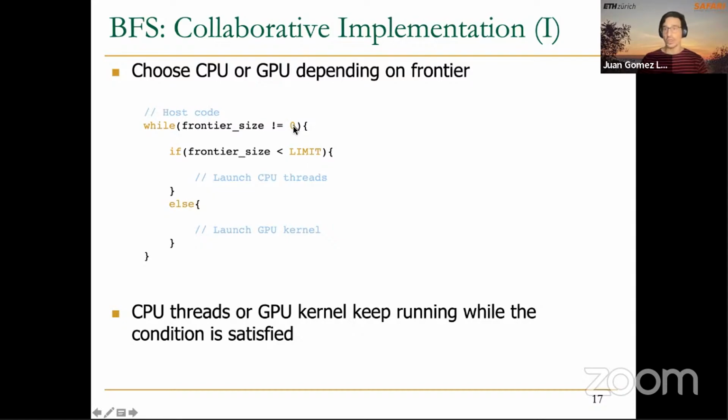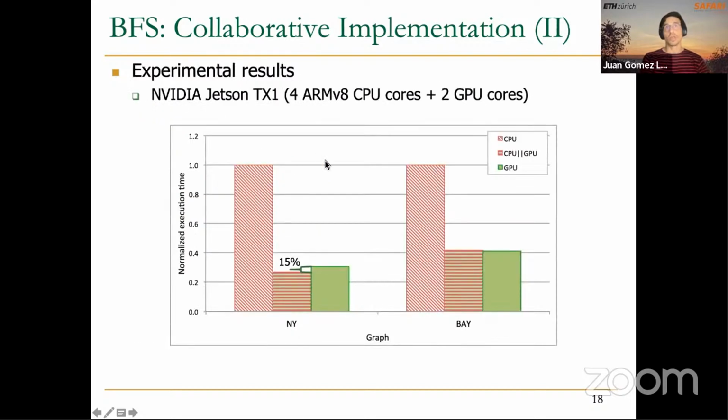And while we have some nodes in the frontier, we will continue the execution. We will go for another iteration. But then, depending on the size of the frontier, we will execute the iteration on the CPU or on the GPU, right? And based on that, we obtain some performance improvement in some cases.